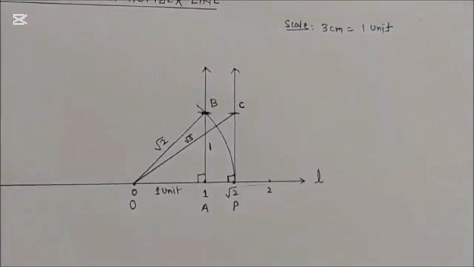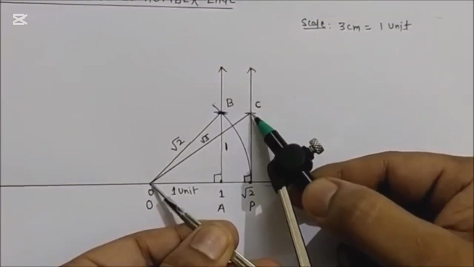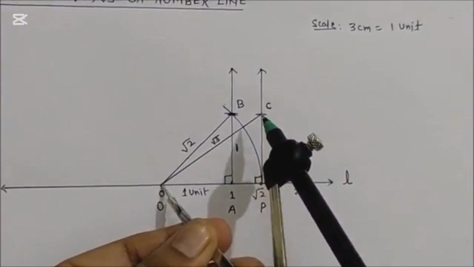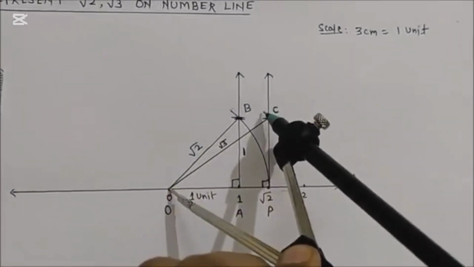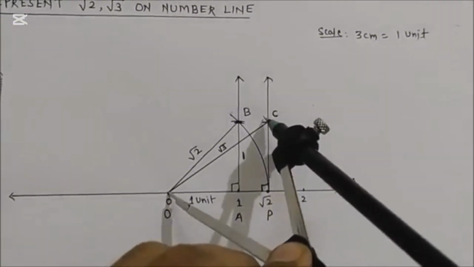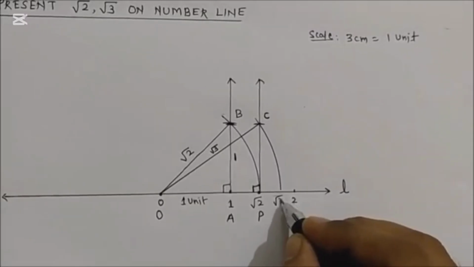So take the compass on point O and take the distance from O to C, and from O make an arc on the line. This is root 3 on the number line.